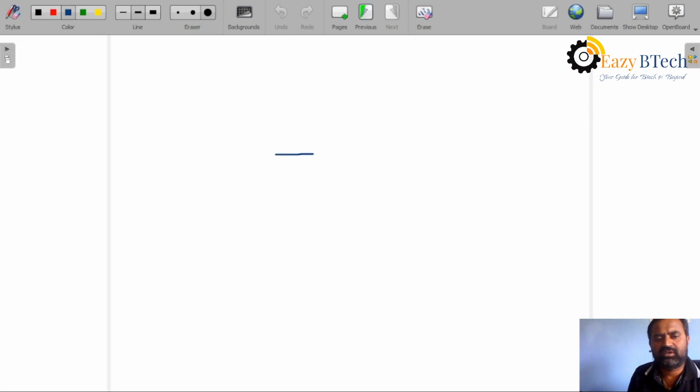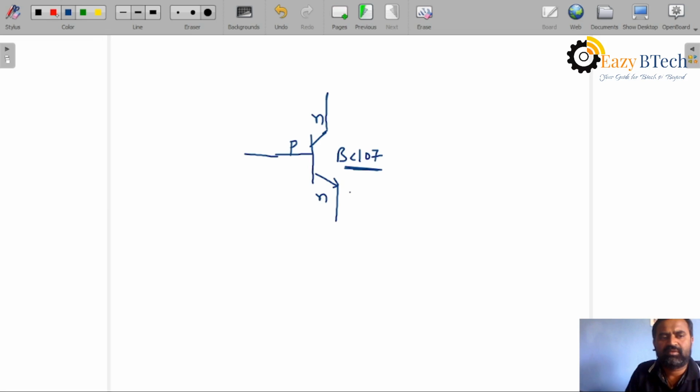now you can see this is BC107. This is an NPN transistor. This terminal is an emitter. This terminal is a base. This terminal is a collector.